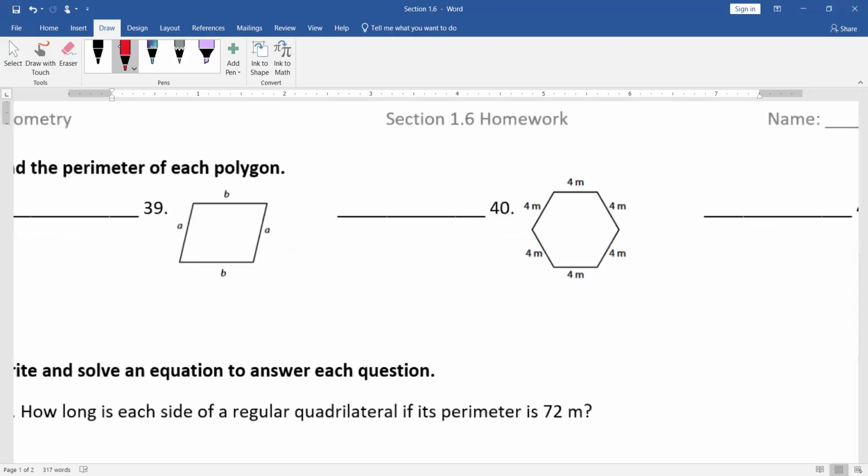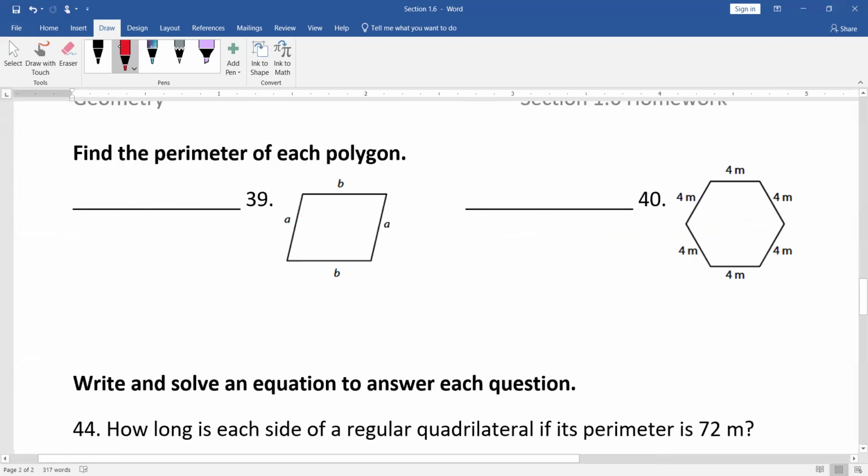So for 39, the fact that the left and right sides are labeled with the variable A and the top and bottom are labeled B, that is telling you that these two sides are congruent and these two sides are congruent, but they are not congruent all the way around.